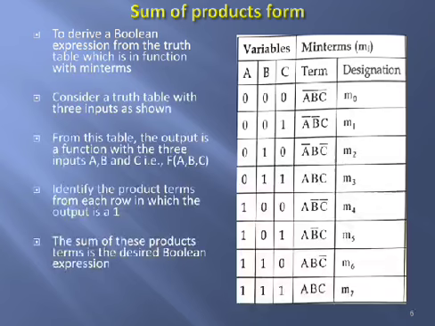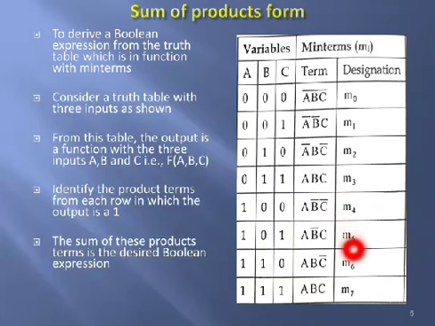Considering three variables a b c, the corresponding min terms are: a bar b bar c bar is the min term corresponding to 0 0 0, and you designate it with m0. Similarly, a bar b bar c is the min term corresponding to 0 0 1, designated m1. Similarly, a bar b c bar is the min term corresponding to 0 1 0, designated m2.